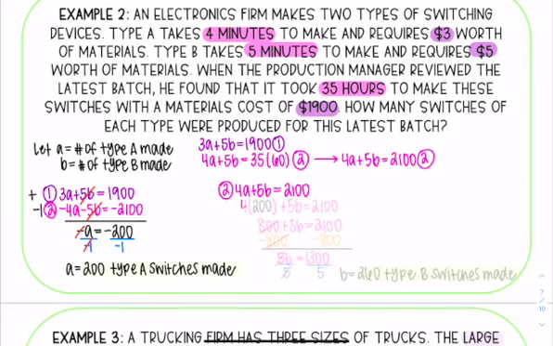So we know A is 200. So simplifying, we end up with 800 plus 5B equals 2,100.